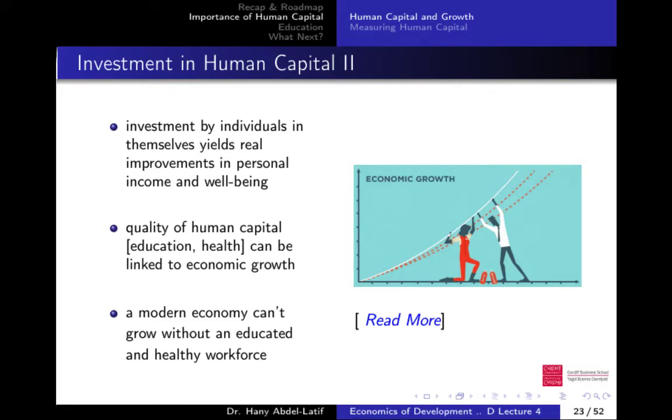As I said, we're not going to discuss this, but if you really want to read more about this, it is chapter 7 of the textbook on the reading list, I think, and at the end of these slides there is also a section on returns to education.